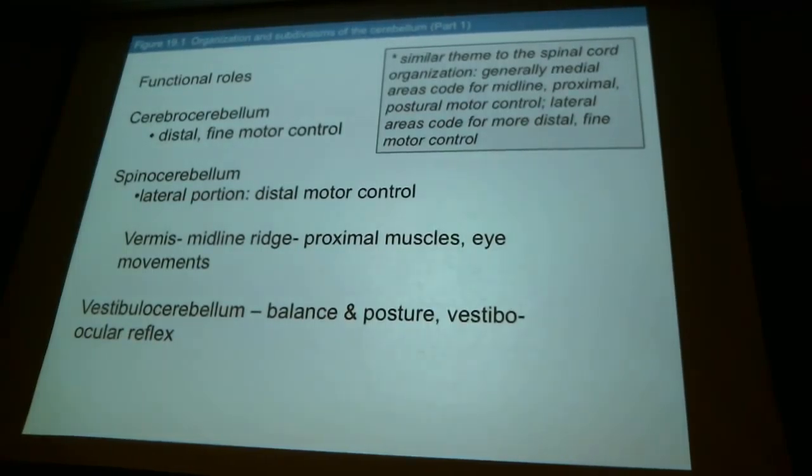Well, you see this again in the cerebellum. So the medial component, which is the spinocerebellum, especially along the midline ridge, is involved in movement control of proximal muscles. So postural midline stuff. And as you move lateral into the cerebrocerebellum, you get more and more distal control and fine motor control of your hands.